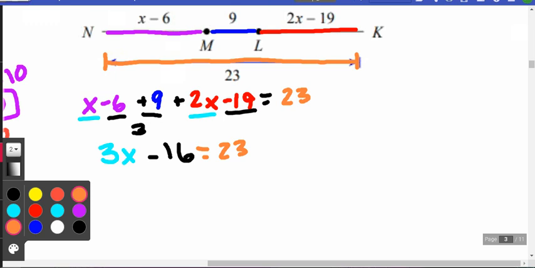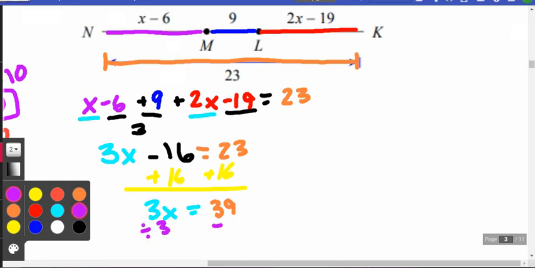Then add 16 to both sides. It's going to result in 3x equals 23 plus 16, which is 39. Then divide by 3 on both sides. X equals 13.